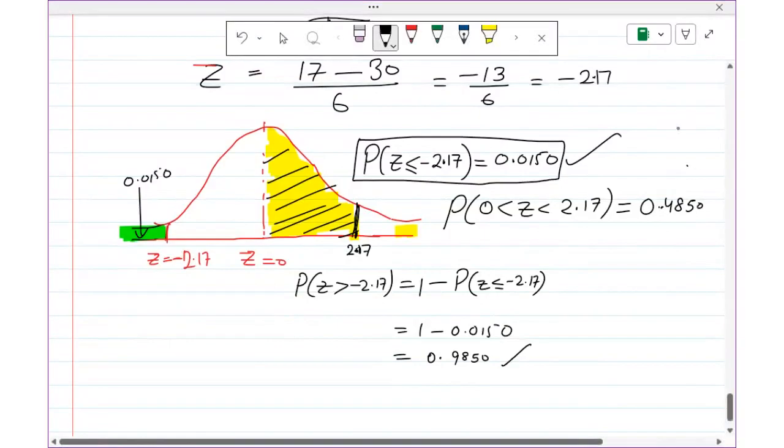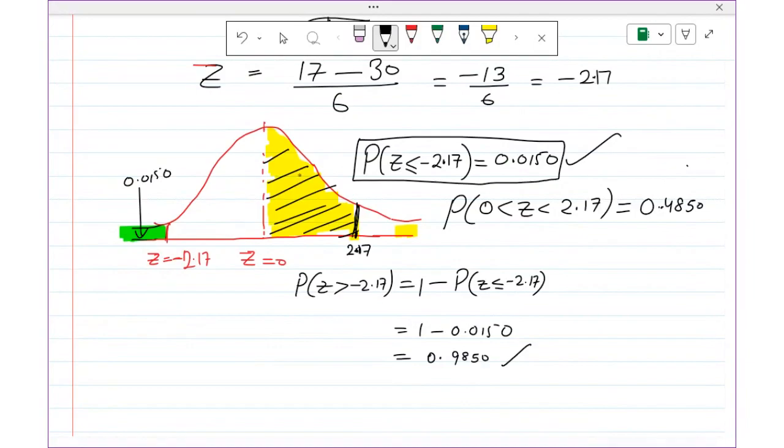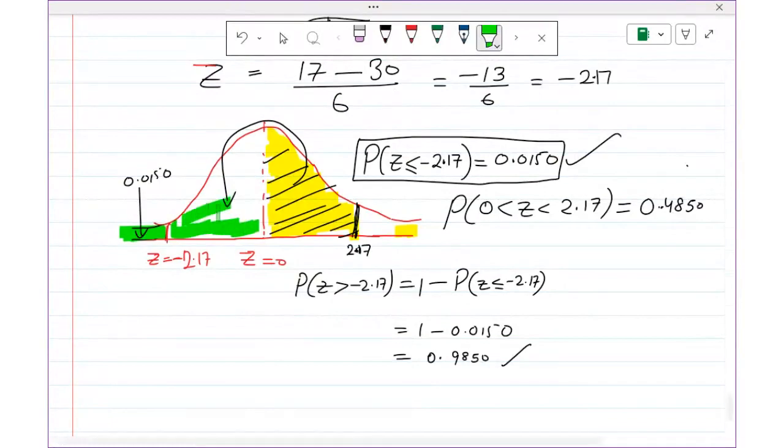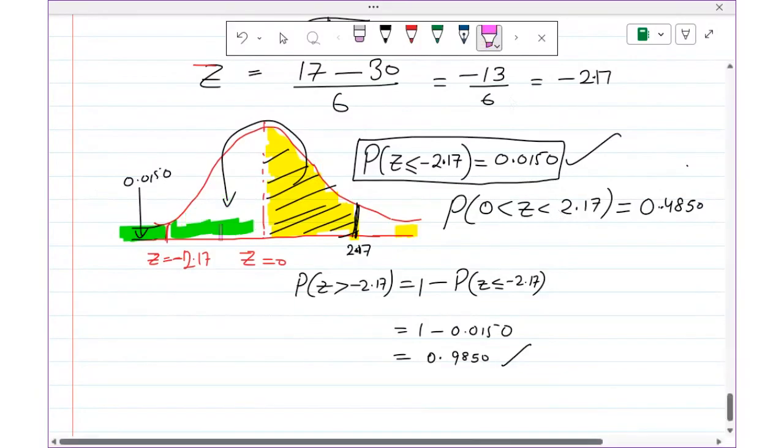My logic is that because there is symmetry, this yellow color area and this one are the same. Let me choose some other color, because green color is also there in the lab. Let us choose the pink color.